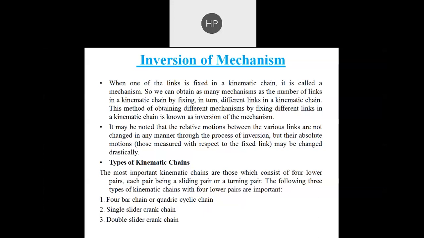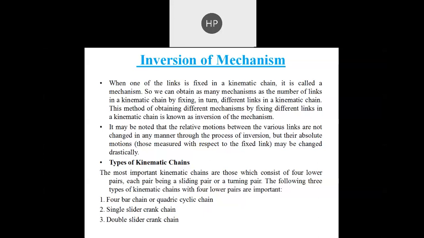And we have a certain equation, and by using that equation we have found whether the mechanical chain is a structure, a mechanism, an unconstrained structure or a fully constrained structure. Based on that equation we have defined this, and then we started our discussion on inversion of a mechanism.